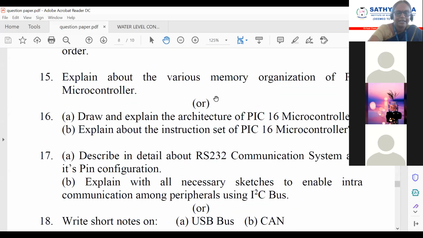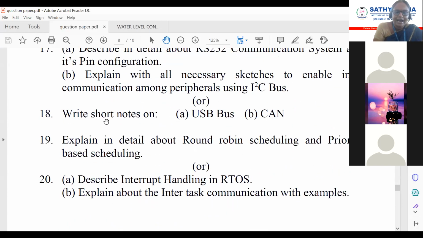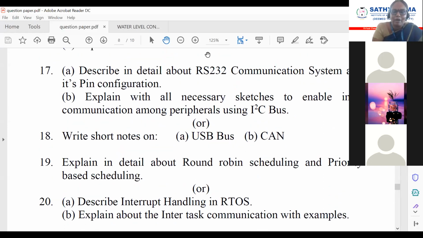Okay. And the next question, you see: write short notes on. Sometimes they will ask like this: USB bus and CAN. So USB bus you have to write for 8 marks, and CAN you have to write for 8 marks. Okay. Describe in detail about RS-232 communication and pin configuration. Do you remember how many pins RS-232 has? 9 pins and 25 pins. We have studied the 9 pins.